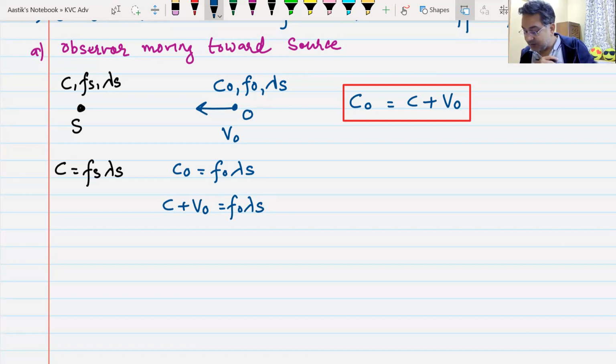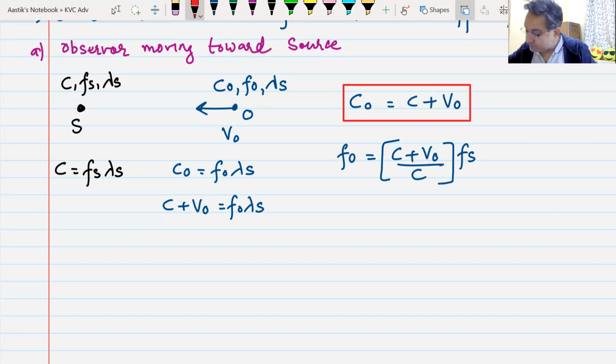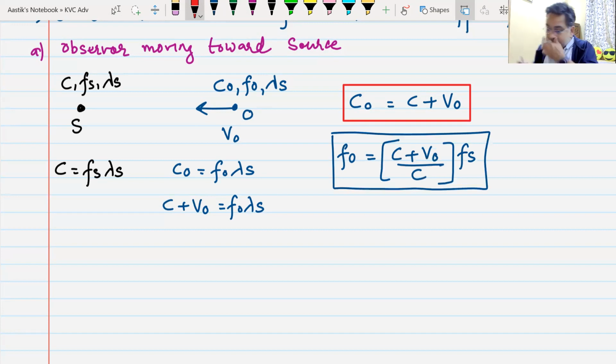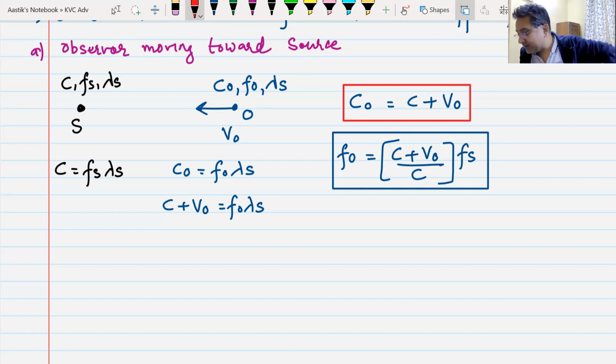Do we understand what I'm writing here? Yes, sir. So from this equation, I can find the value of F naught. F naught will be equal to C plus V naught divided by C into Fs. So he receives the sound with the same wavelength but different speed.